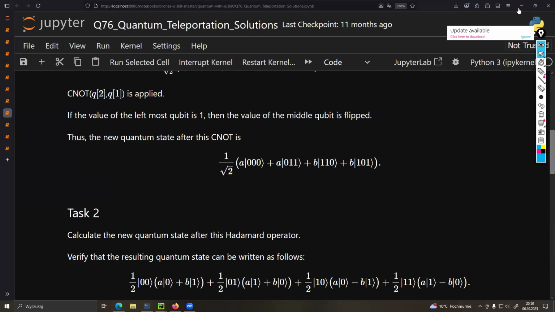This isn't something that happens classically. Like when I send classically one bit of information, it travels at the speed of light because the wave propagates at the speed of light, and nothing can go faster.